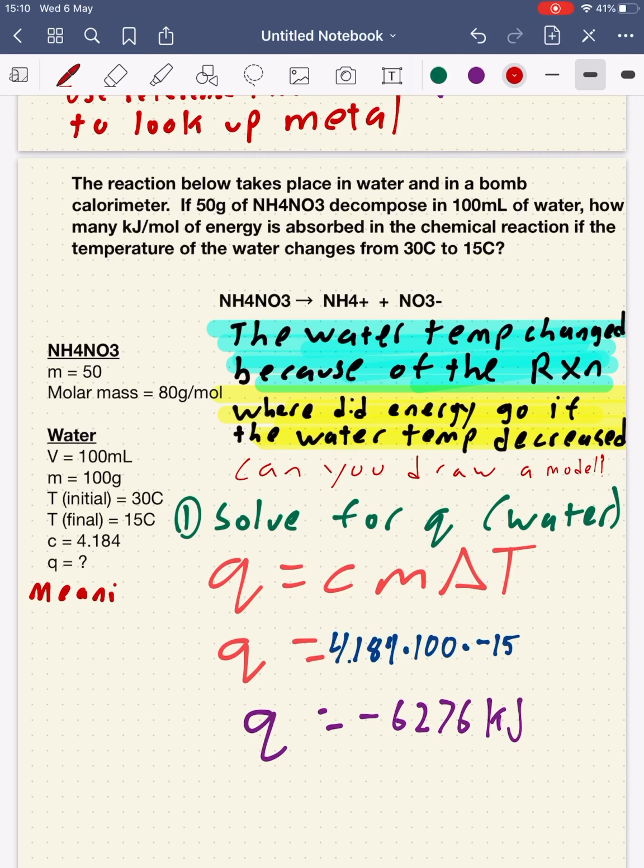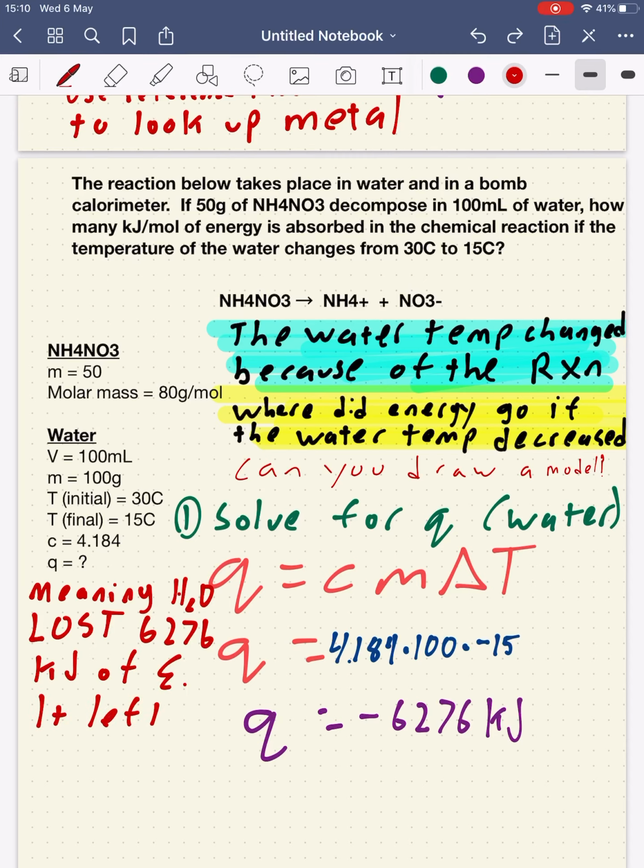So what does that mean, right? Where does it go? Meaning water lost that much energy. It left, right? To put it another way, if it lost it, it left. The energy is no longer with the water. Where did it go?